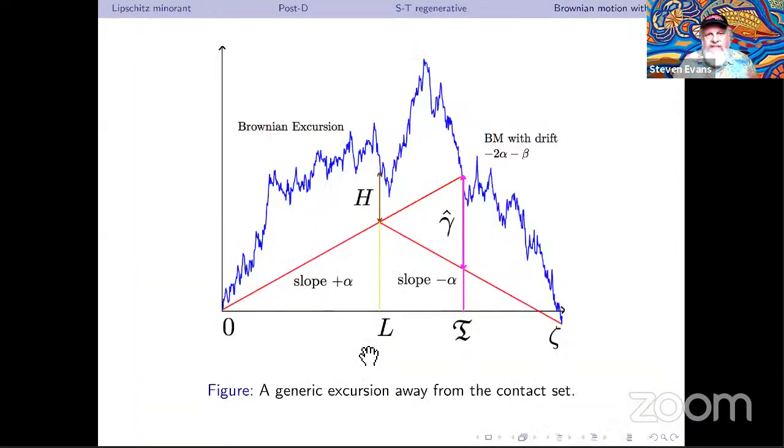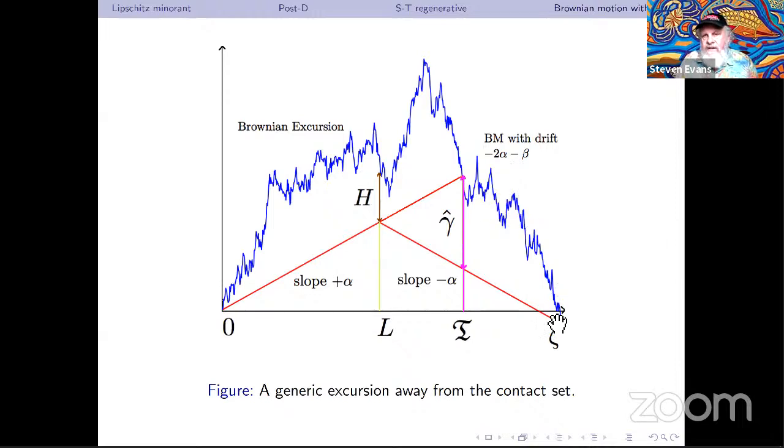So the next slide shows that we have this Brownian excursion that's been rescaled. This should be a tau here, so it's a Brownian rescaling of a standard Brownian excursion.